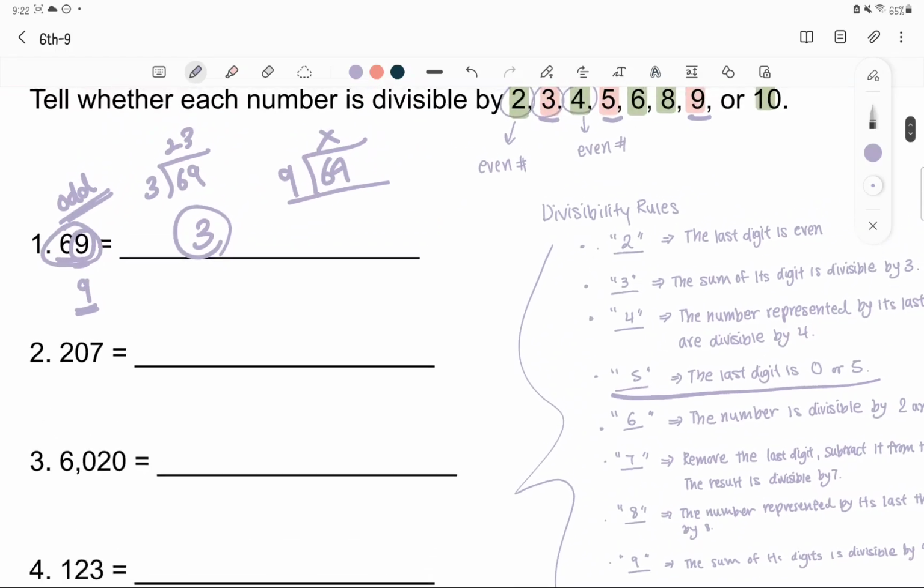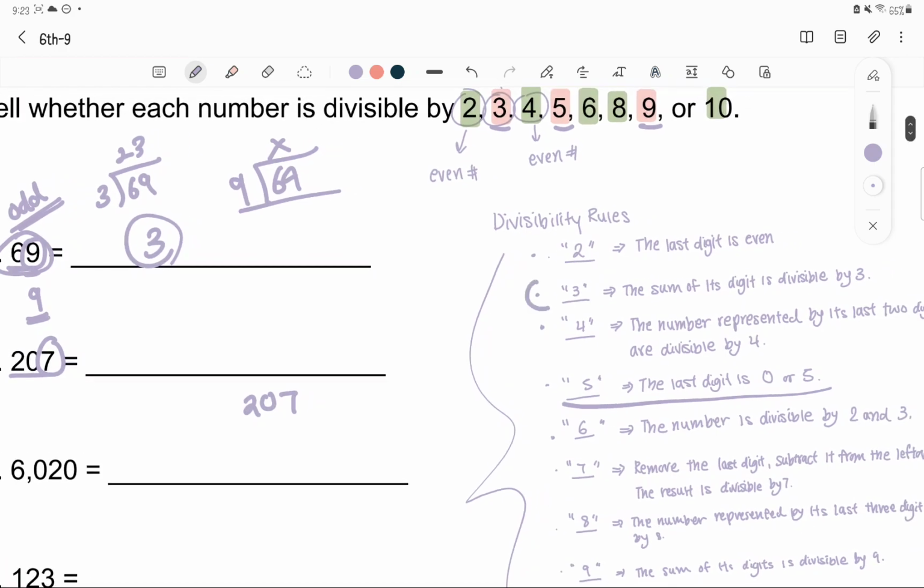And number 2, 207, is an odd number because the last digit is 7. You have to figure out which number makes sense. So let's look at 3. The sum of the digits has to be divisible by 3. 2 plus 0 plus 7 is 9, and 9 is definitely divisible by 3.